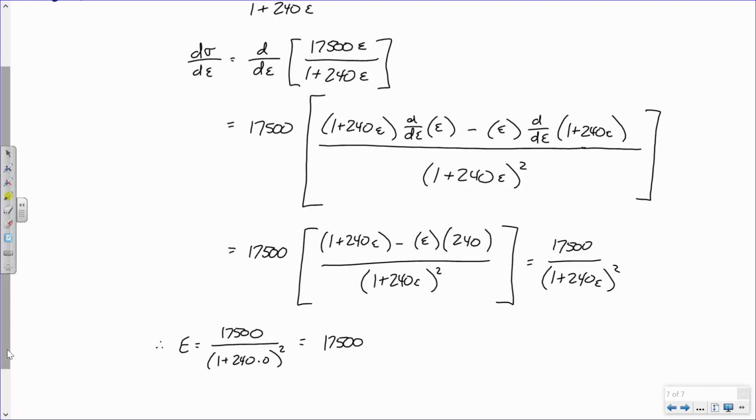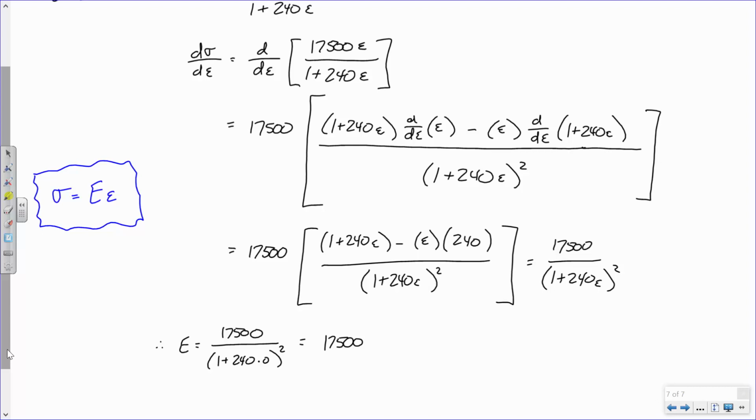Now, if you want units, what are the units of E going to be? Think about that. Remember, here's our relationship. Stress equals E times strain. So what are the units of strain? They're unitless.